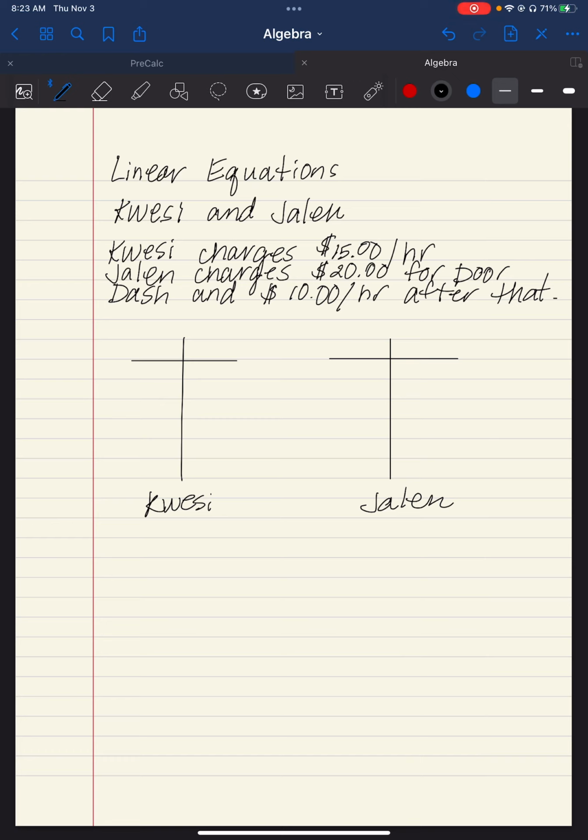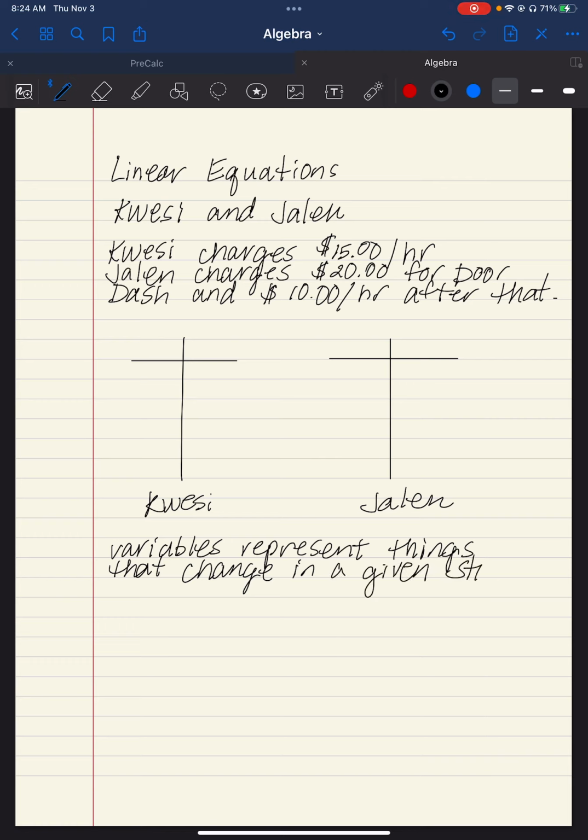Okay, so in any situation that's linear, you're going to have two variables. What are variables? Variables represent things that can change in a given situation.